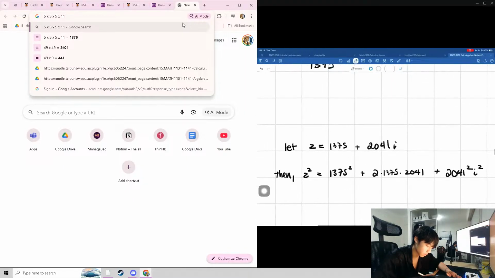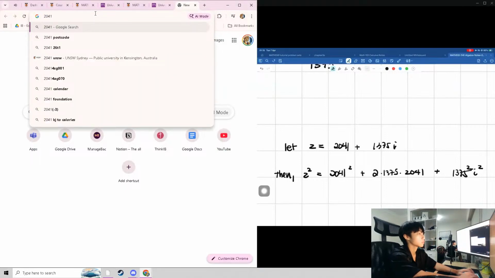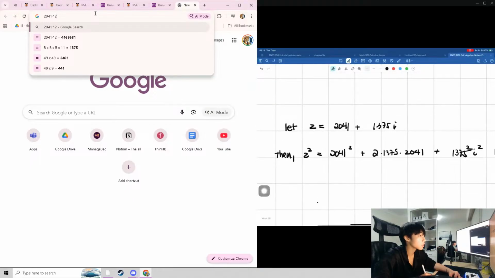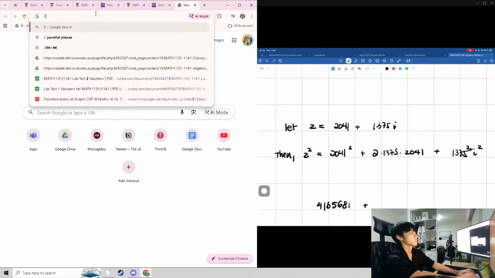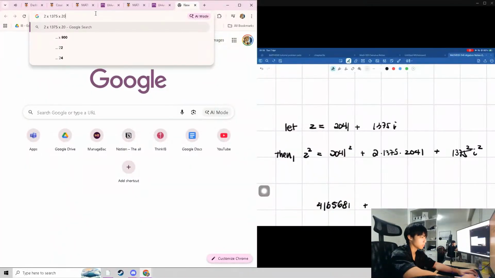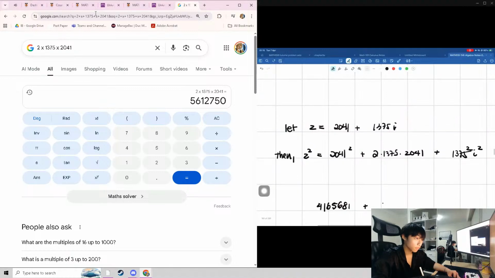That means we must flip it around. 2041 squared is 4165681, plus 2 times 1375 times 2041, 5612750.